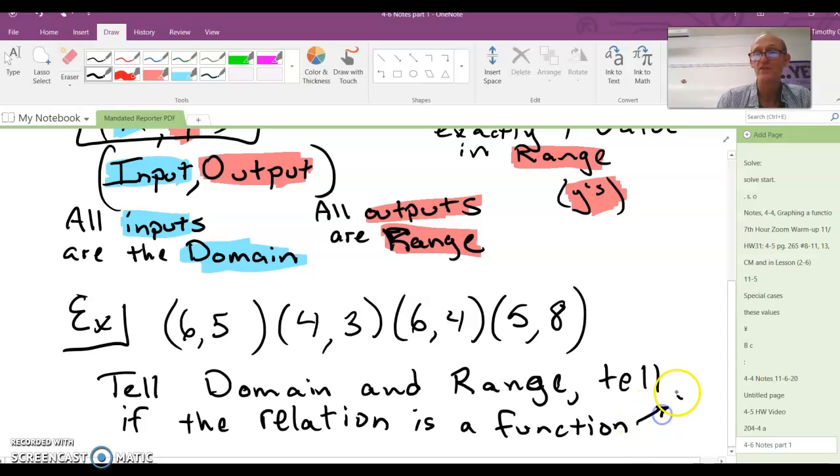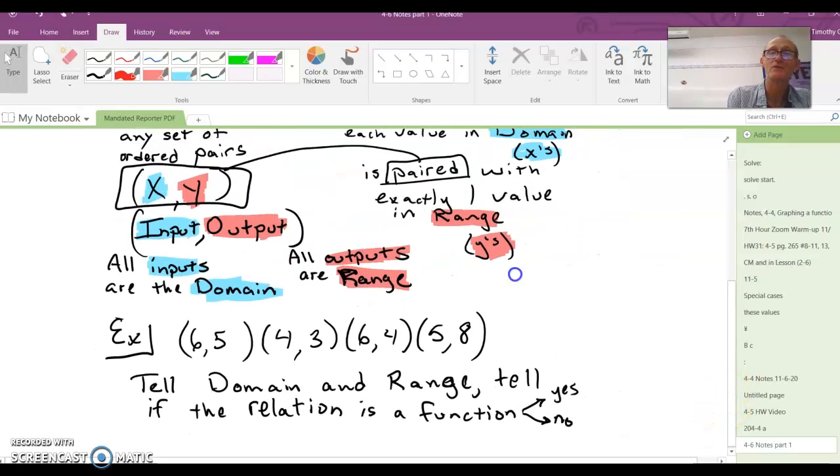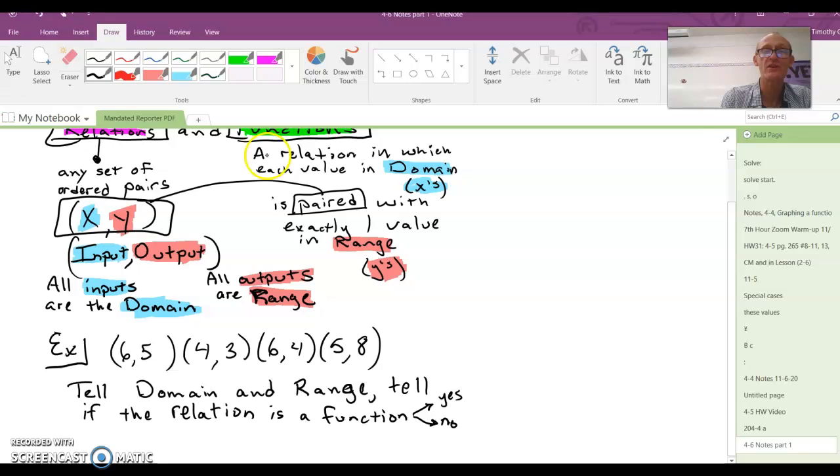This is either yes or no based on the definition. A function is a relation in which each value in the domain is paired with exactly one value in the range.